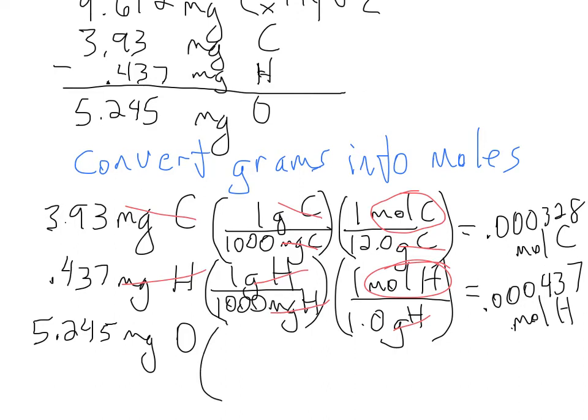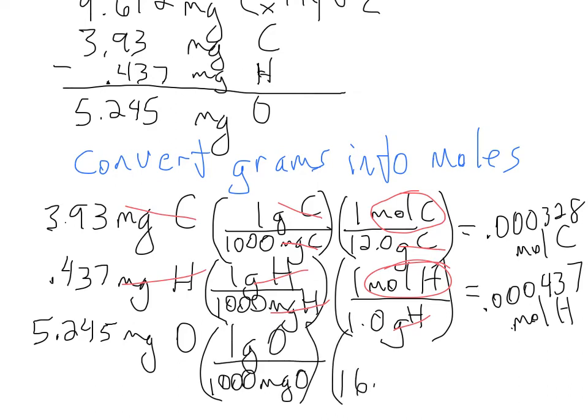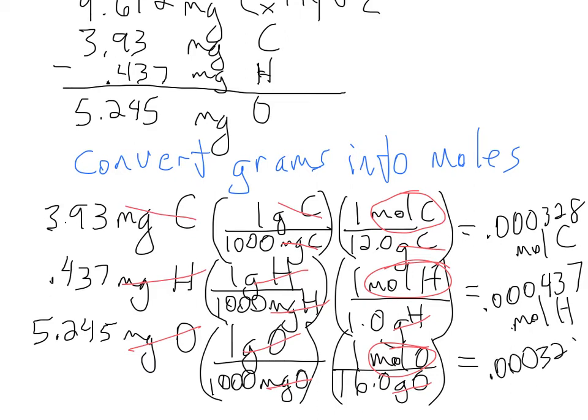For the oxygen, very similar setup. 1 gram is equal to 1,000 milligrams. The atomic weight of oxygen is 16. The unit that's left is moles, and in my case, that works out to be 0.000328 moles of oxygen.